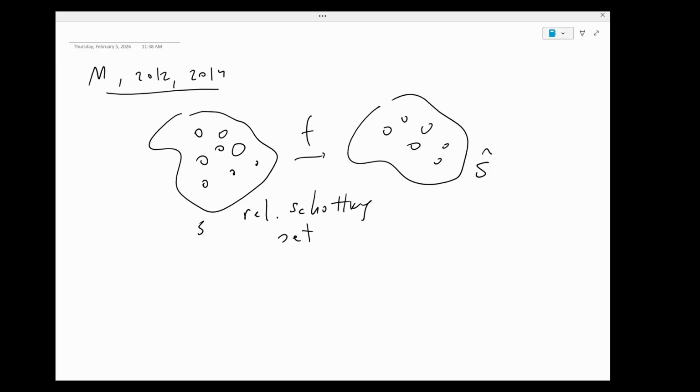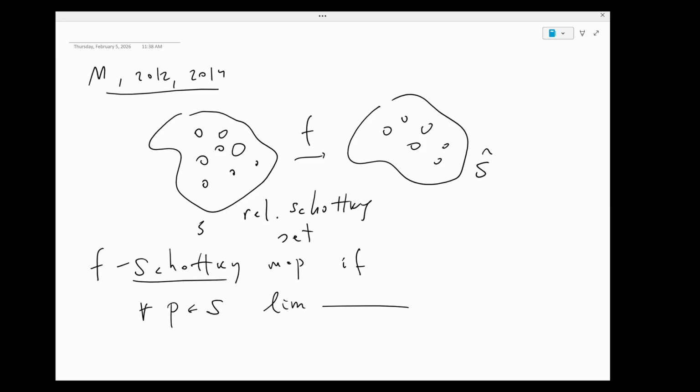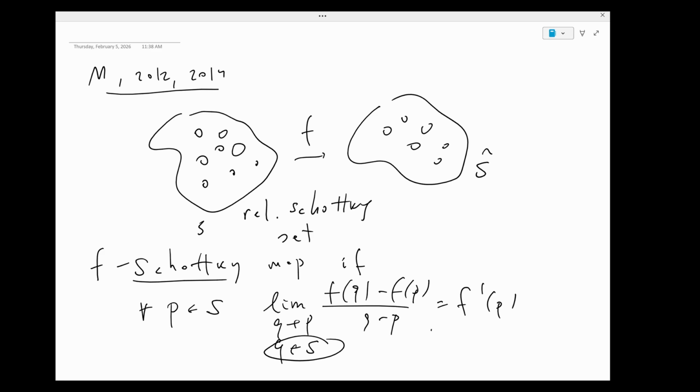We call F a Schottky map if for every P in S, the limit of the difference quotient, just like in calculus, as we send Q to P, but we restrict Q to S, so this is not like in calculus, equals f prime of P, exists and is not equal to 0.